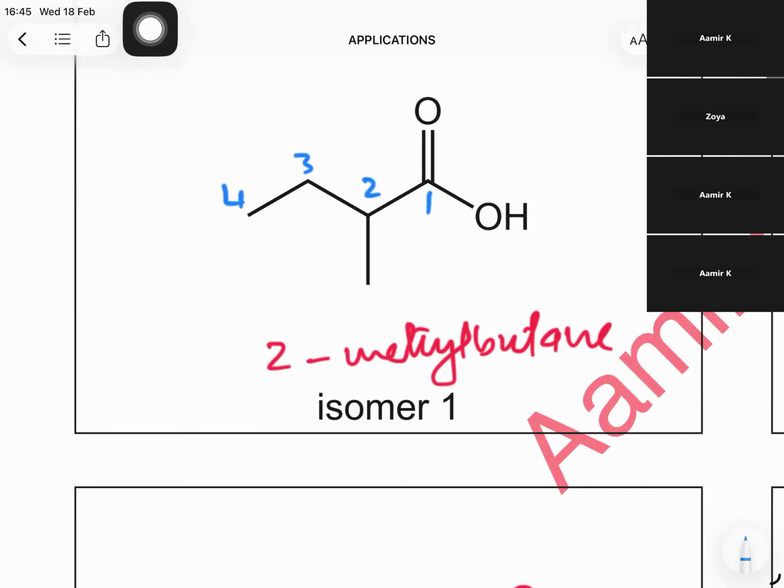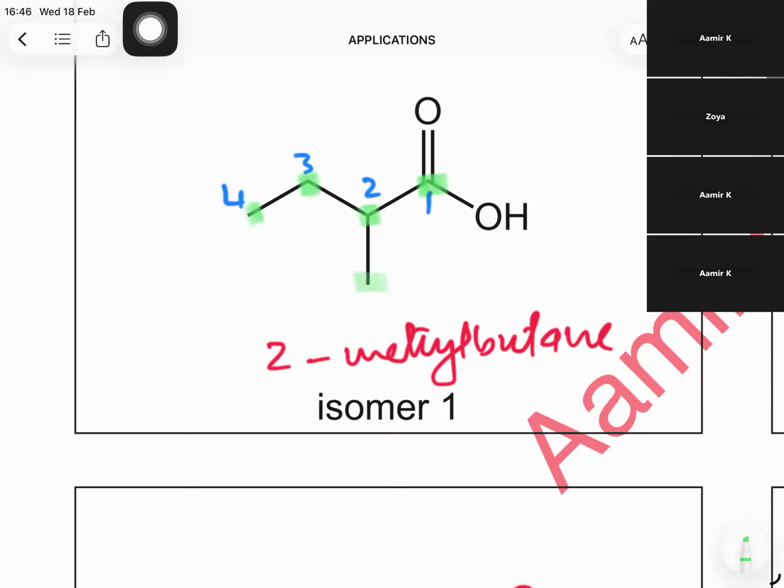How many peaks is isomer 1 going to give? This carbon has one unique peak, this has 2, this has 3, this has 4, and this has 5.